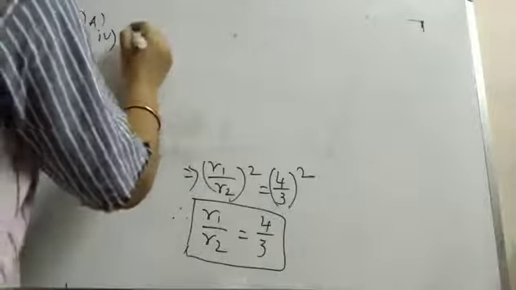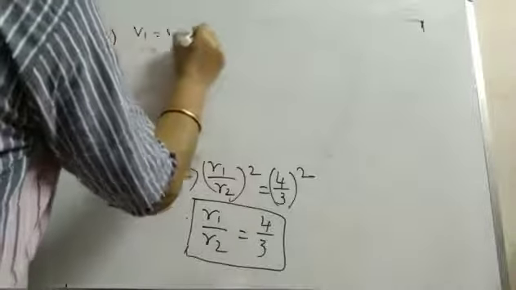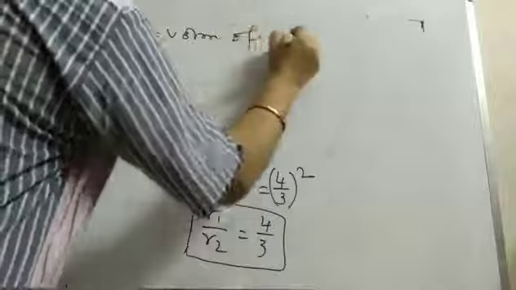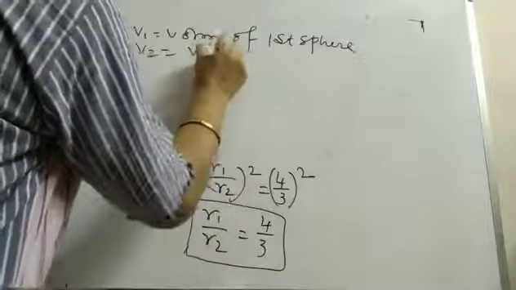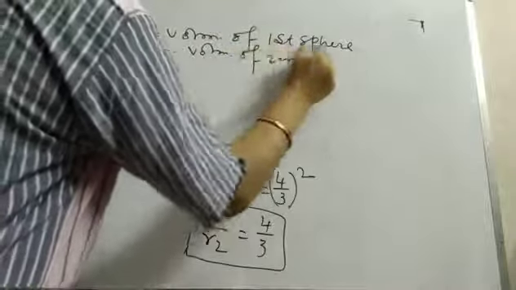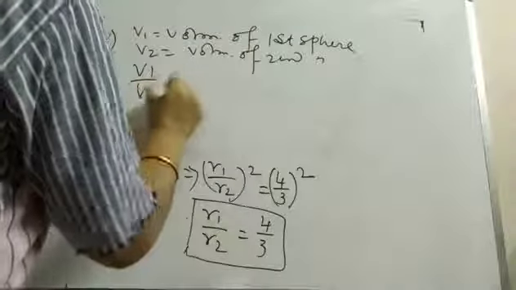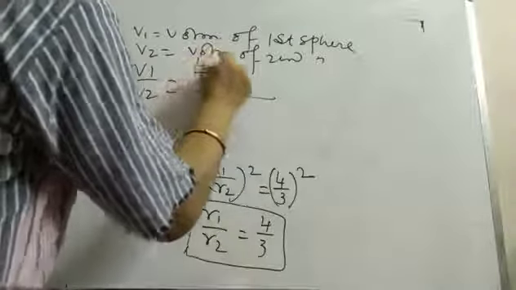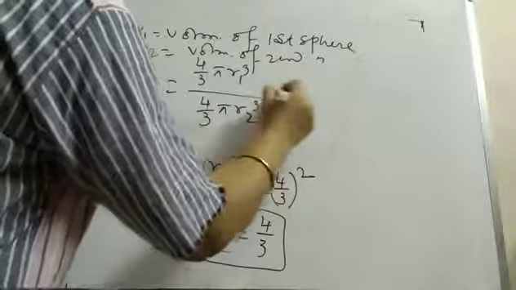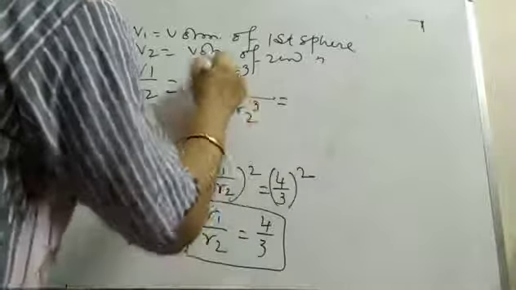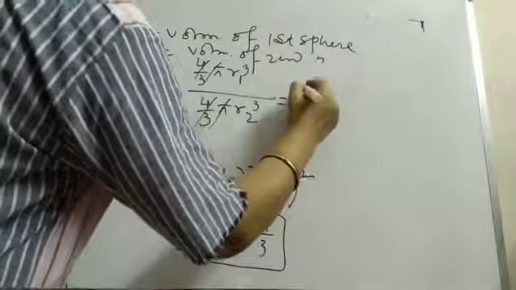And V1 equal to the volume of the first sphere and V2 equal to the volume of the second sphere. That is V1 by V2 equal to 4 by 3 pi R1 cube by 4 by 3 pi R2 cube, equal to 4 by 3 pi cancels out.